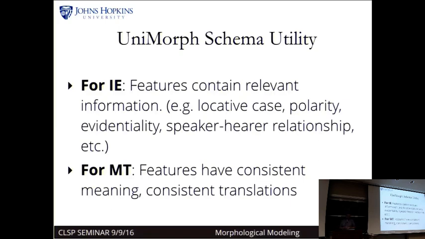There are things like evidentiality that can help you determine the status of an event, whether it really happened or someone thinks it happened. And because we're trying to design the features in an interoperable way, cross-linguistically, we're hoping that they'll be useful for MT.